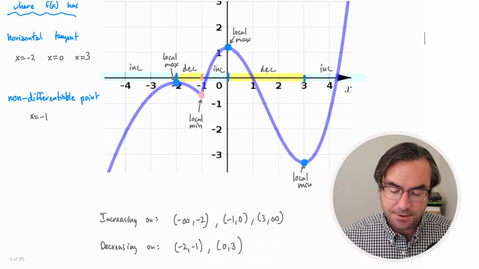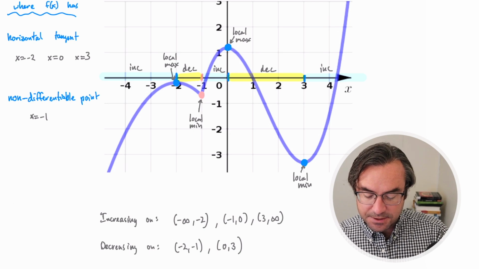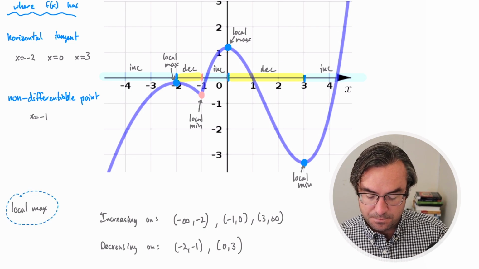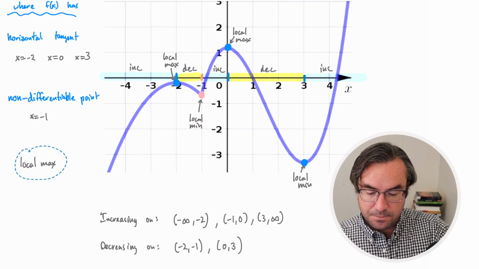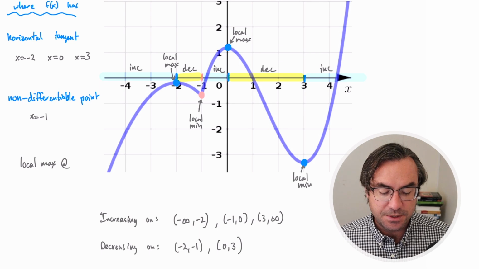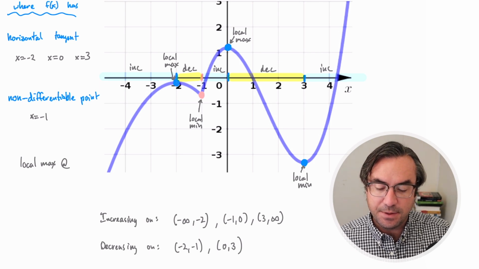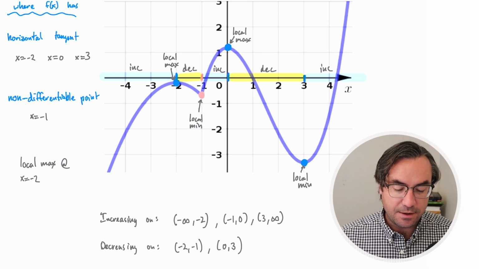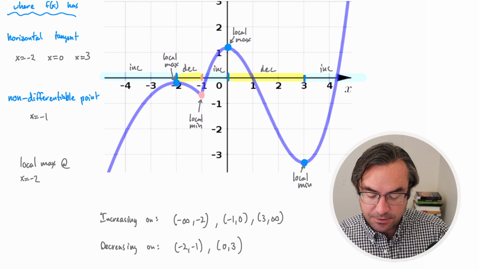So for our case, we have a local max at, what are the values? So we said we had a local max right here, and that happens at -2. And then we said we also had a local max right here, which happens at x equals 0.